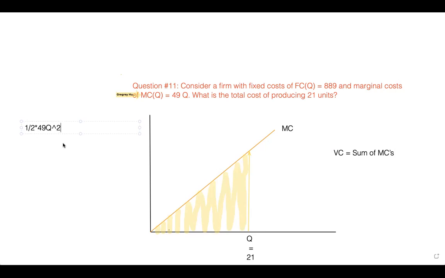We could check that, because if we take the derivative of this, we'll get 2 times 1/2, that'll disappear. The 49 will still be there. And then we drop the exponent on q by 1, and we just get q. Then we just add the fixed cost.